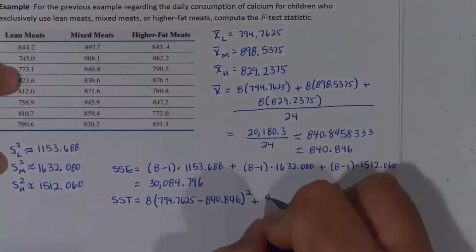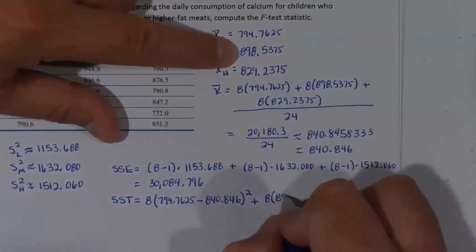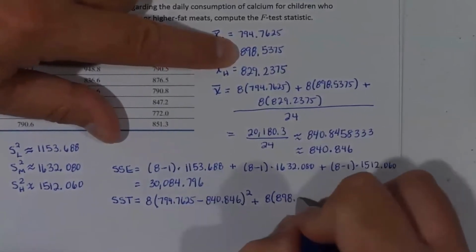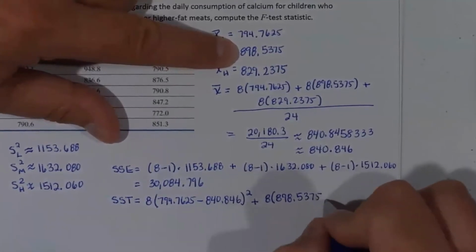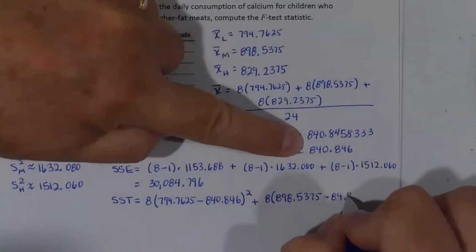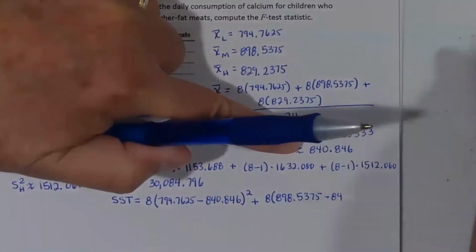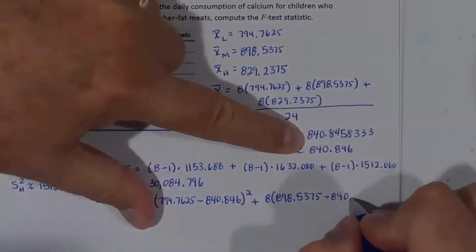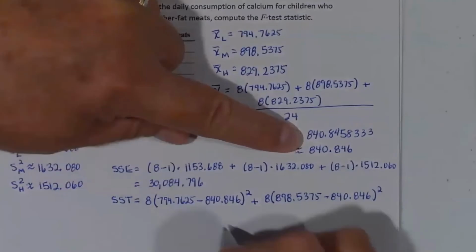So the sample size is 8. The individual mean was 898.5375, and the overall mean 840.846, and that gets squared.